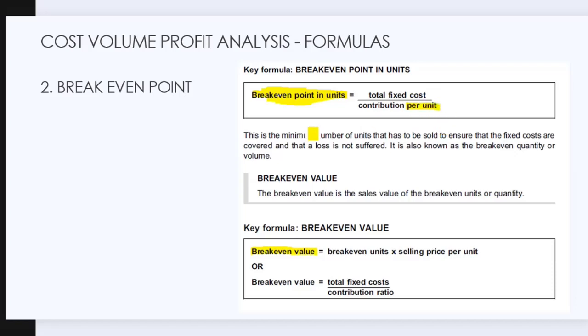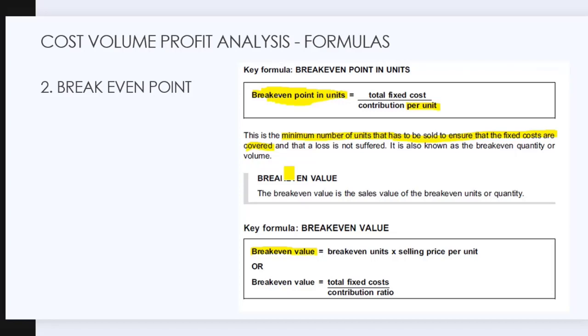This will give you the units that you need in order to break even. So it's the minimum number of units that you need to sell in order to cover your fixed cost, so you won't make a loss. So it's break-even units.